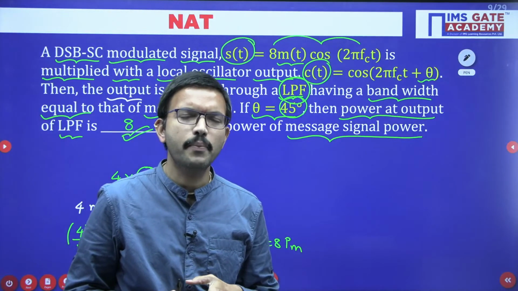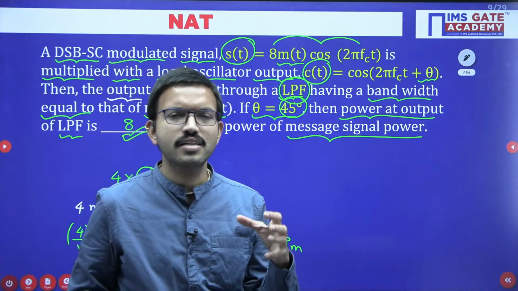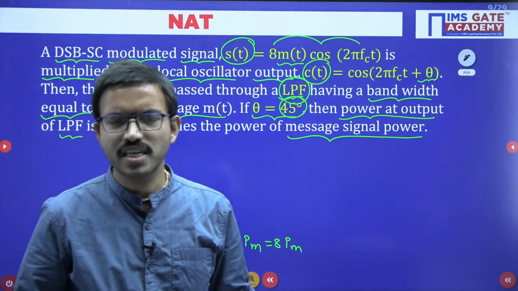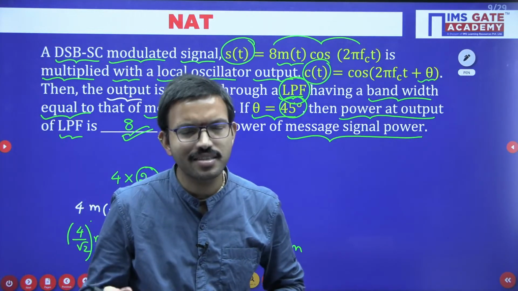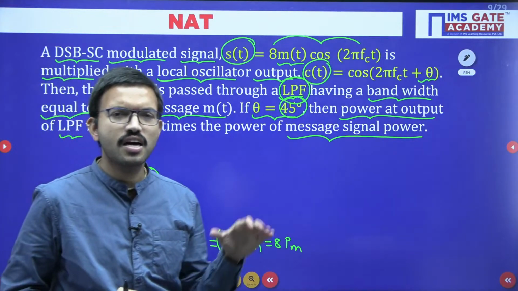So what will happen, if you are able to solve the same question in less time, because of that in the GATE exam you can attempt more number of questions correctly, so that you can increase your score, right? So that is the reason always first focus on the conventional approach.